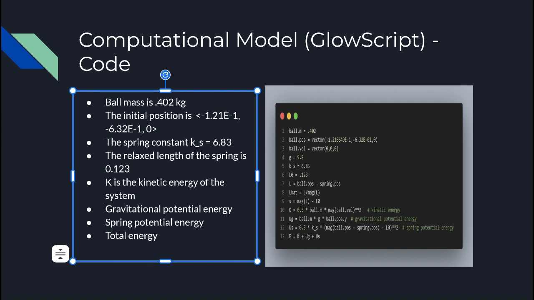The spring potential energy was found by multiplying 0.5 times the spring constant times the magnitude of the ball position minus the spring position, minus the relaxed length of the spring, squared. The total energy was found by K plus the gravitational potential energy plus the spring potential energy.